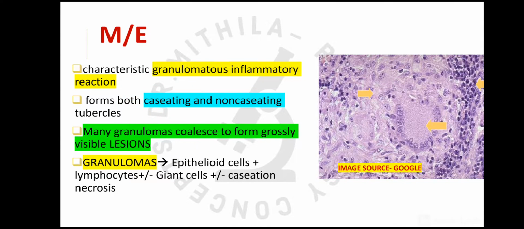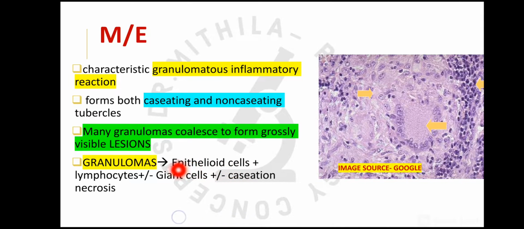Also, you know that in secondary tuberculosis, more caseation is seen as compared to primary. So many granulomas coalesce or combine to form grossly visible lesions which have a cheesy appearance. Now, granulomas, as I have told you in those lectures on chronic inflammation, are a combination of epithelioid cells, lymphocytes, and with or without giant cells, and with or without caseation necrosis.